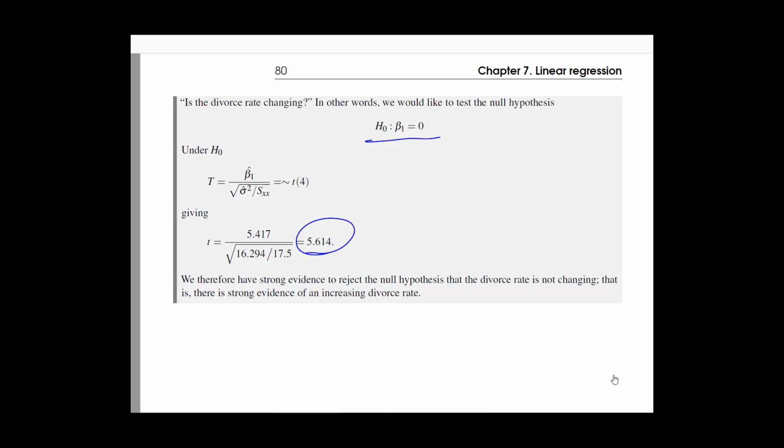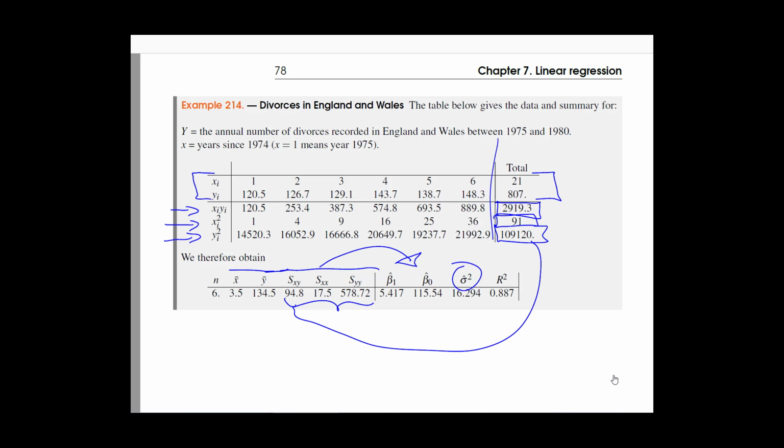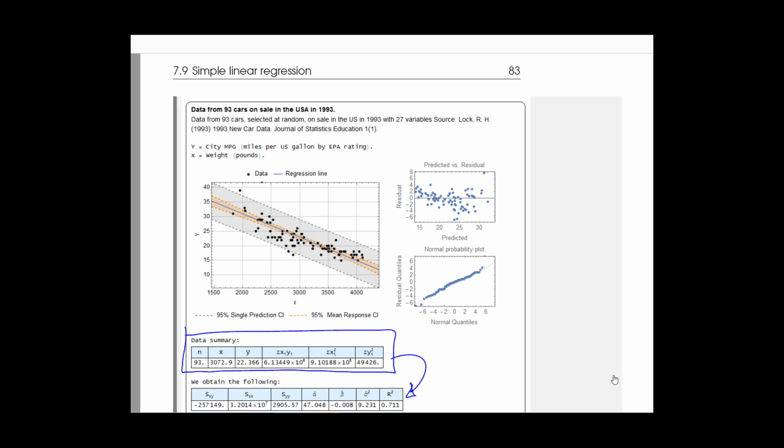It's like I already give you these three columns, so to speak, so it's easier to calculate what you need to come up with this table, right? Alpha and beta. So alpha should be beta naught, and beta is beta 1.